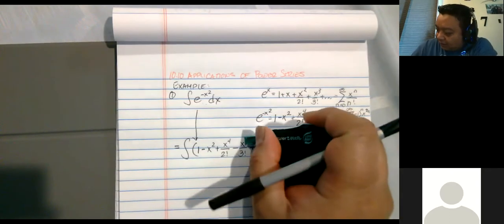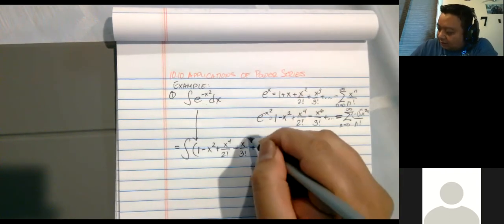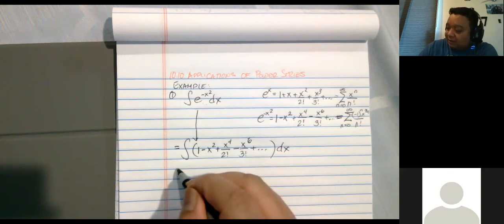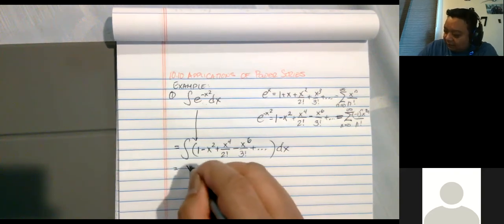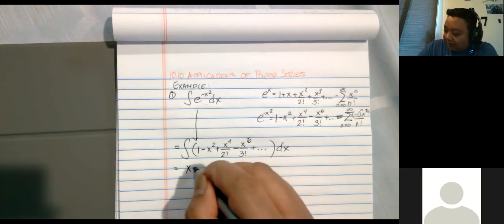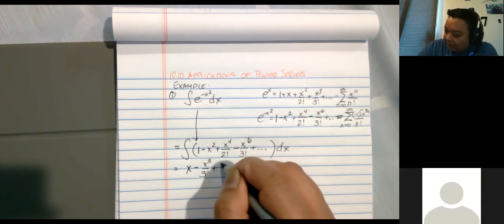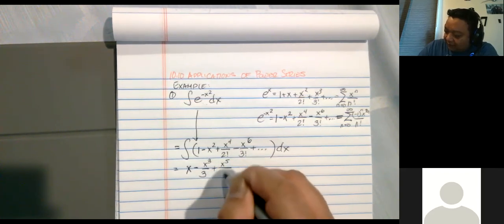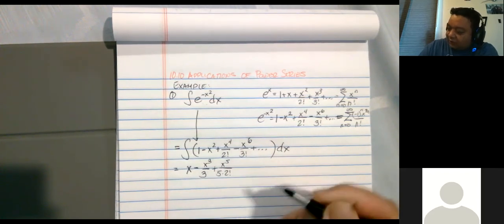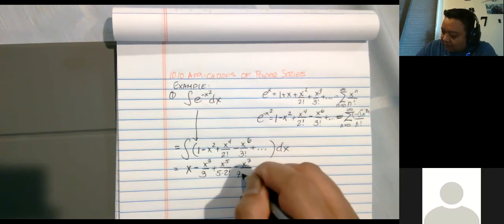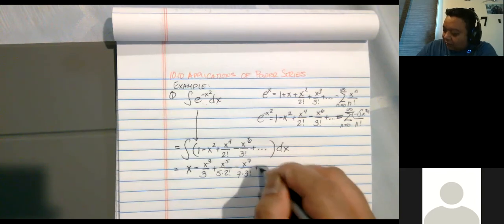Then do the power rule, right? So the integral of 1 is x. This would be a minus x cubed over 3 plus x to the 5th over 5 times 2 factorial minus x to the 7 over 7 times 3 factorial, and then dot, dot, dot.